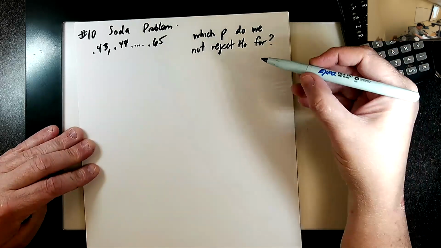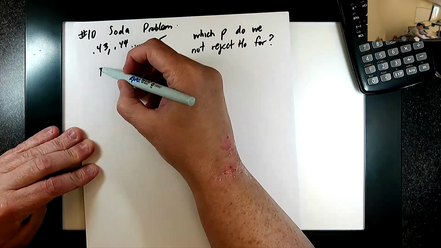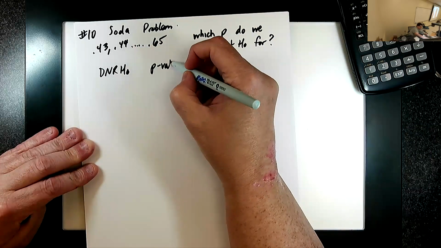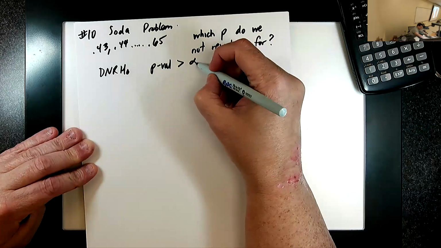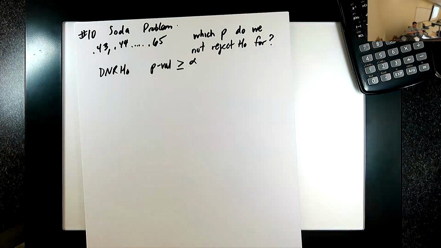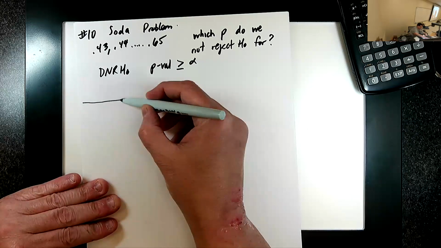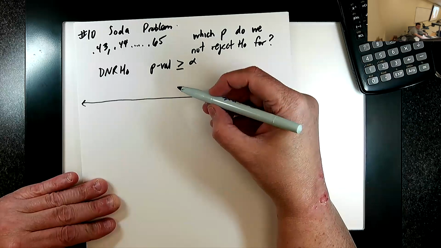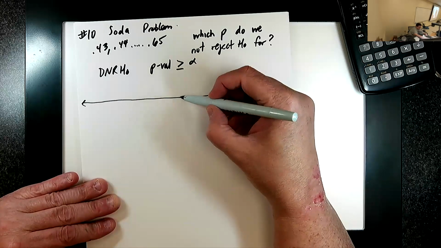So, when we do not reject H naught, that is when p-value is not too low. So p-value is greater than or equal to alpha. That's what we're looking for. And so I'm going to do a little number line here. The middle of the range is 0.55.